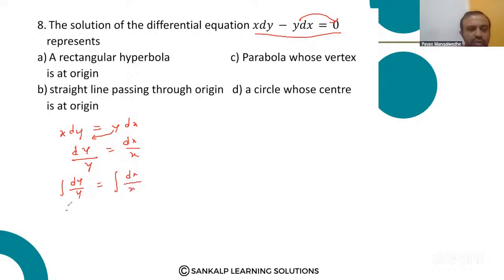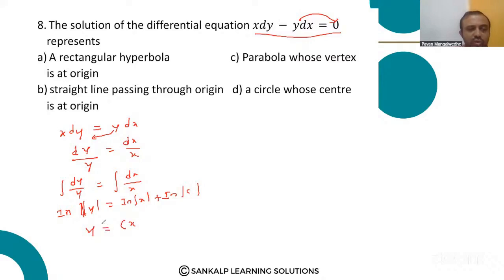So the integration gives mod of y is equal to mod of x plus the constant mod of c. Simplifying this, we come to know that y is equal to c into x.